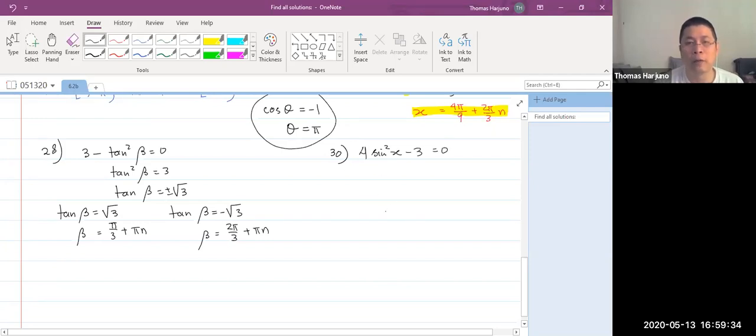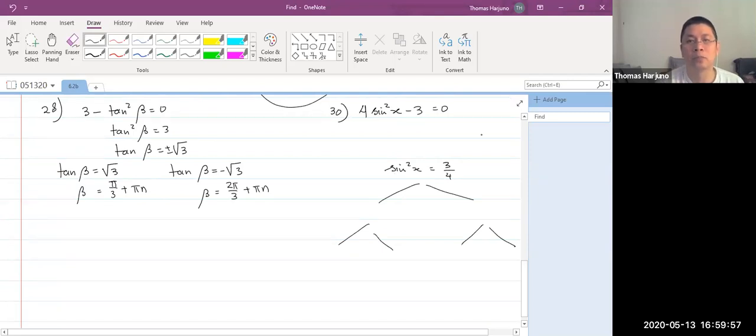You will have 2 branches for the plus minus, when it is plus and when it is minus. And for the positive one, we have 2 branches, quadrant 1 and quadrant 2. And for the negative one, we have quadrant 3 and quadrant 4 solutions. Work it out. This one, I give you 3 minutes at least.